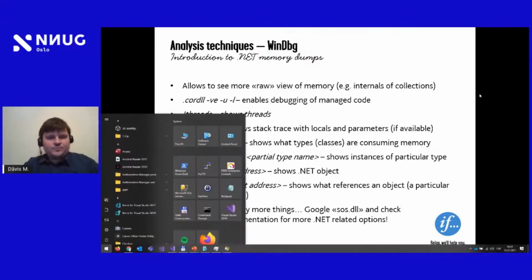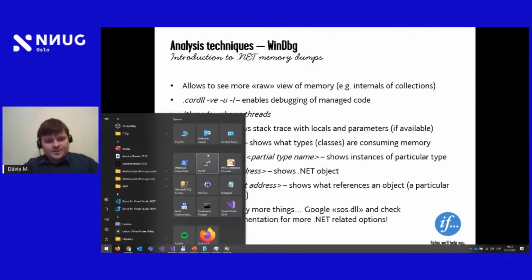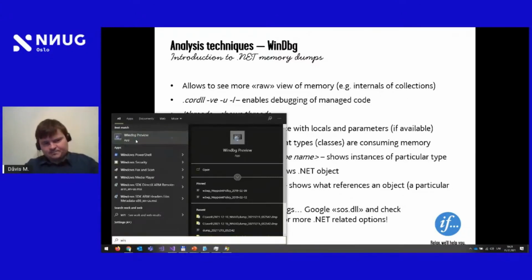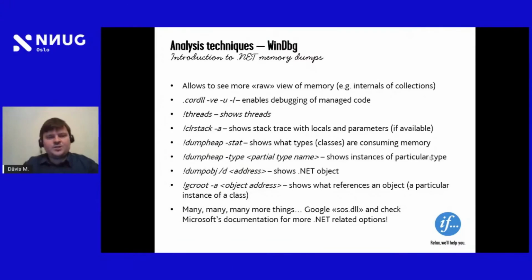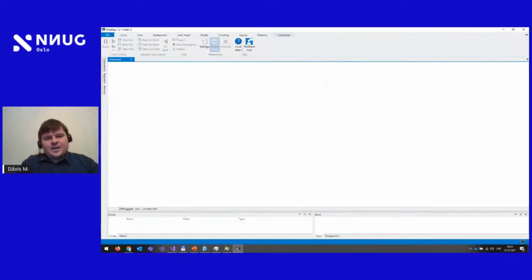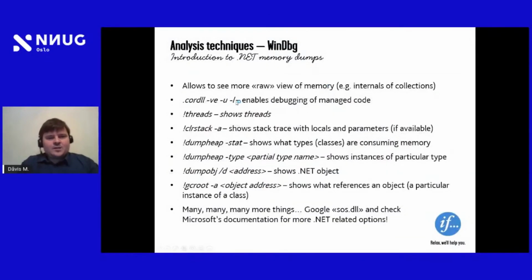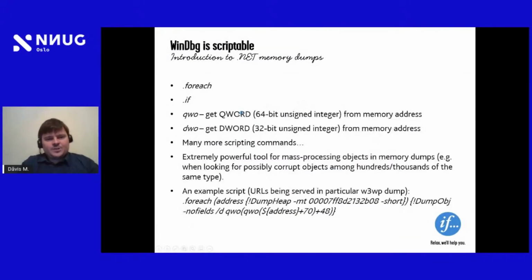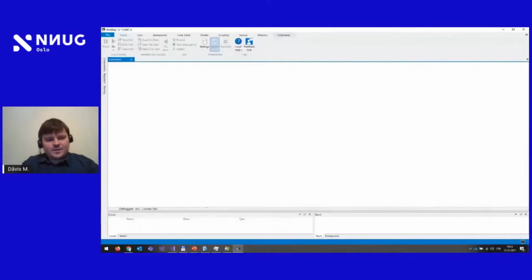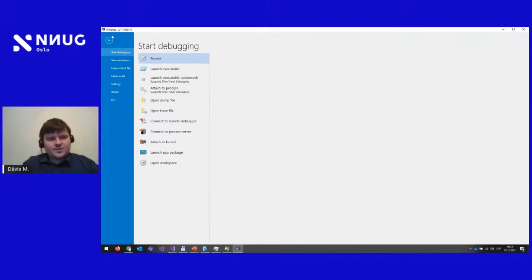Let's open the same dump in WinDBG. I have installed WinDBG Preview. It's a newer version of WinDBG, and it will allow us to do things like list all the variables with a certain type. Okay, I will need to manually write that command. I can actually write a bit different command.